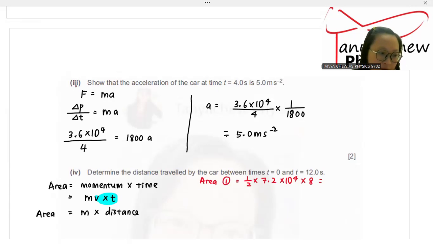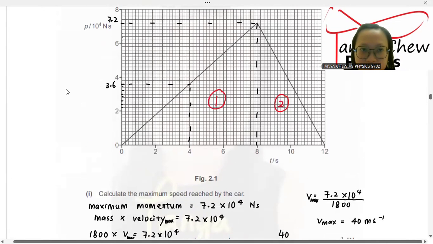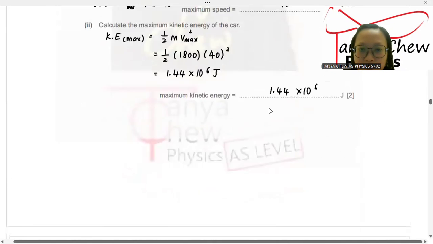Then you get an answer right here. 8 times 7.2 times 10 to the power 4 multiplied by half, I get 2.88 times 10 to the power of 5. This is Newton second, multiplied by second, so Newton second square.